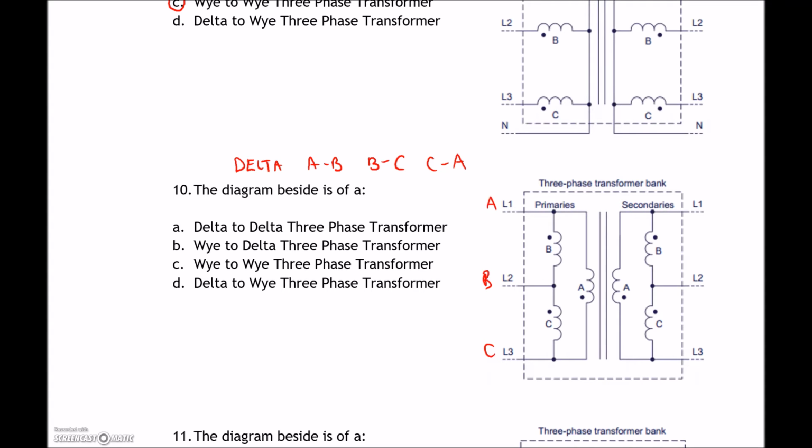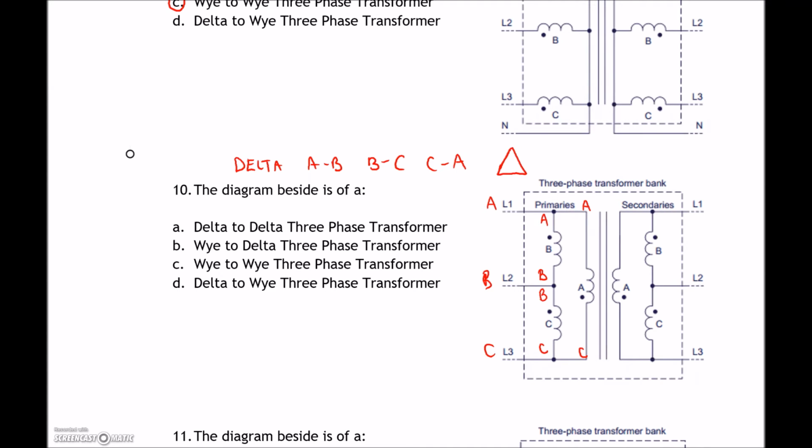So we have this going A to C. This guy here is A to B. And this guy is B. And the other side of the winding is referencing C. So we have A to B, B to C, and then C back to A. So it's clear that the primary here is a delta.